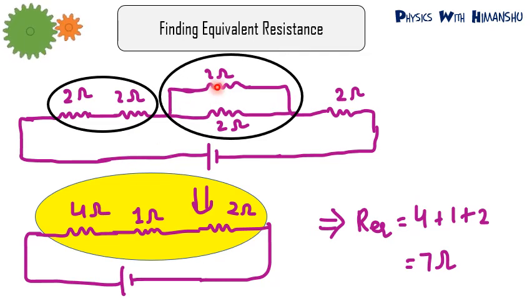In place of the other 2 ohm and 2 ohm, we'll put 1 ohm, and this 2 ohm will be here. Now the current that enters 4 will come out of 4 and enter 1, and the current that comes out of 1 will enter 2. There are no other connections except the wire between 4, 1 and 2, so all three are in series. The answer will be 4 plus 1 plus 2, which is 7 ohm.